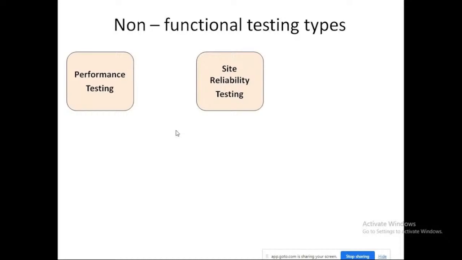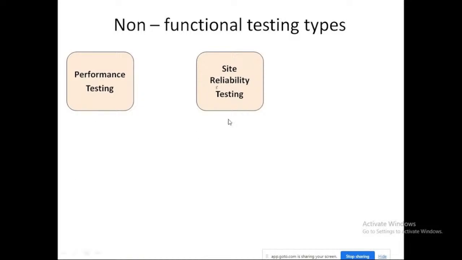Then I told you whether my infrastructure will work in production, whatever infrastructure I have selected for my environments, and if there is an earthquake in the location where my data centers are present, how will my application work? That will come under site reliability.